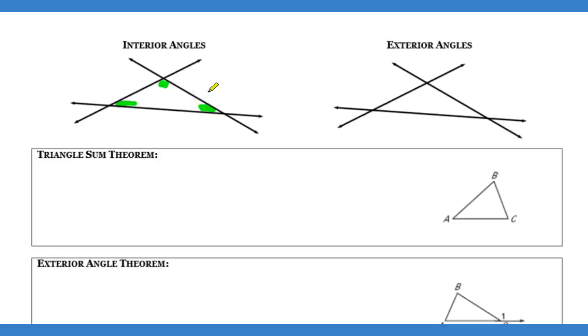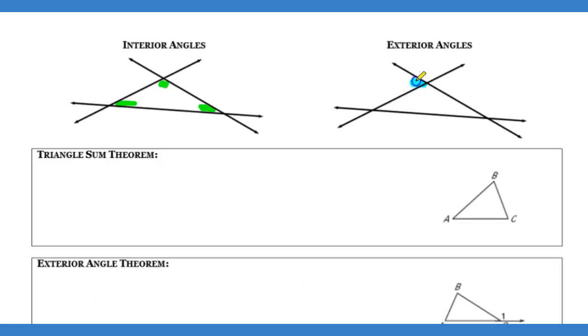Now, your exterior angles are the angles that are going to form a linear pair. If you were to extend the sides of your triangle, then you would create some linear pairs with your interior angle. So notice I have an interior angle right here.